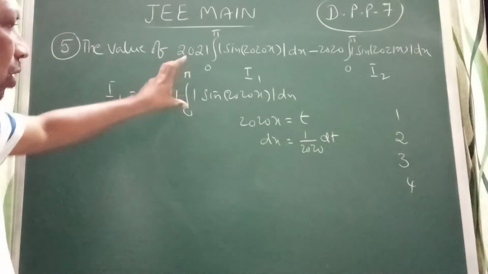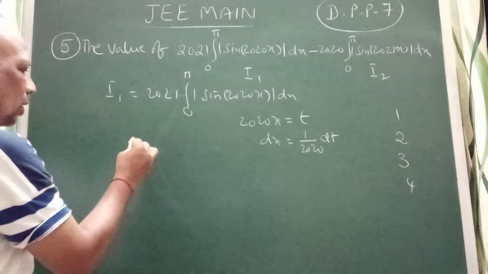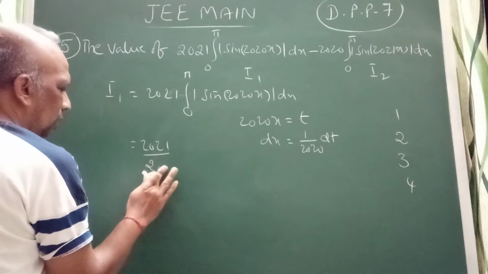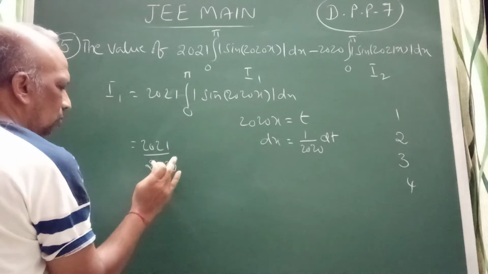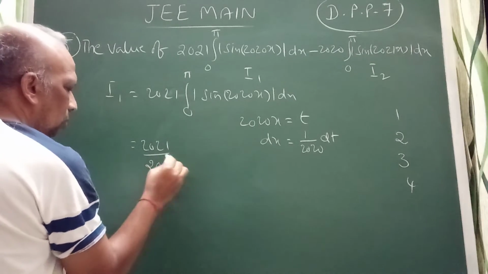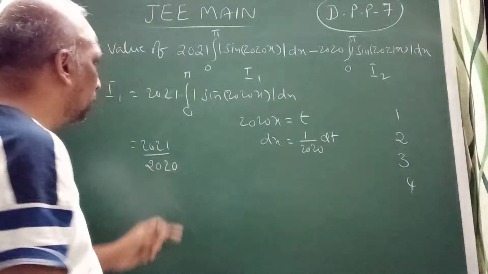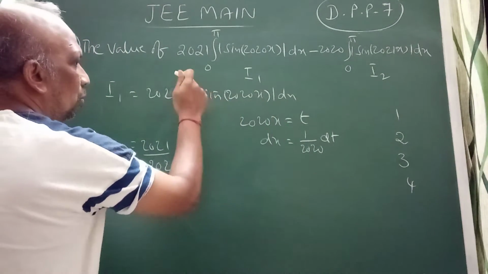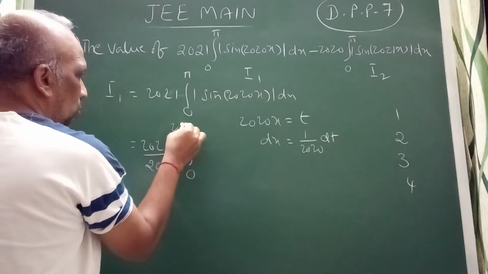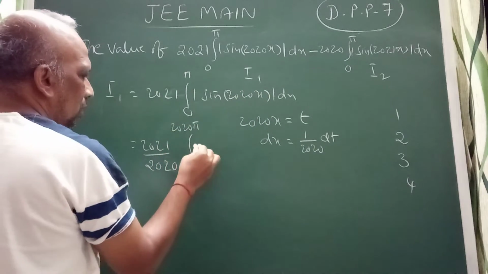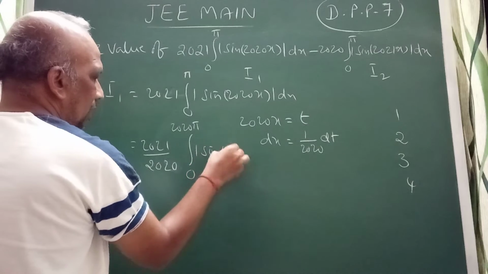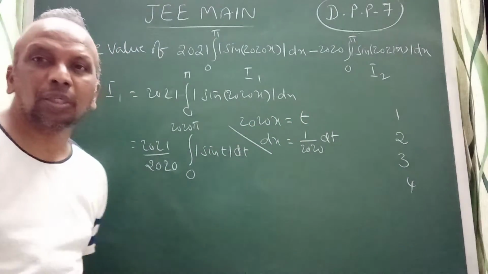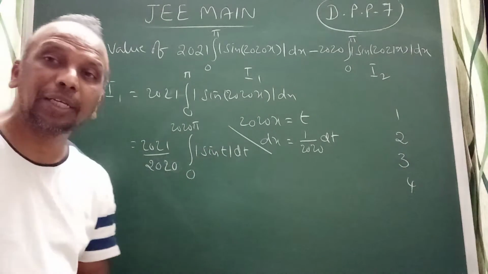The limits: when x equals 0, t is 0, and when x equals pi, t is 2020 pi. This is a substitution. We get the integral of mod sine t dt.